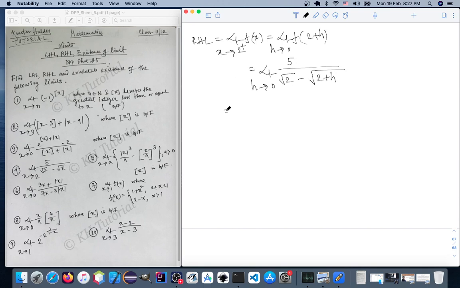Similar to the LHL, we rationalize the denominator and we get 5 times root 2 plus root 2 plus h divided by 2 minus 2 plus h.